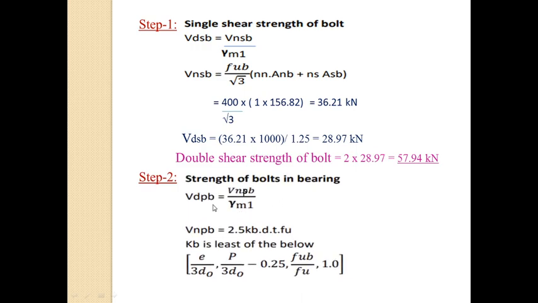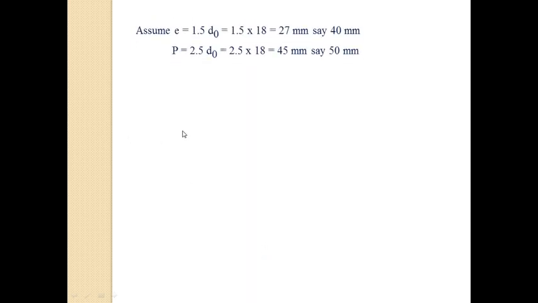So step number 2, strength of bolt in bearing. Calculate VDPB equal to VNPB upon gamma m1. Again we have to calculate KB first, which is the least of the four values. Here again we assume edge distance and pitch distance. Edge distance is equal to 1.5 d0, so it is 27 mm, which we round up to 40 mm. Then pitch is equal to 2.5 d0, it is 45 mm, which we round up to 50 mm.